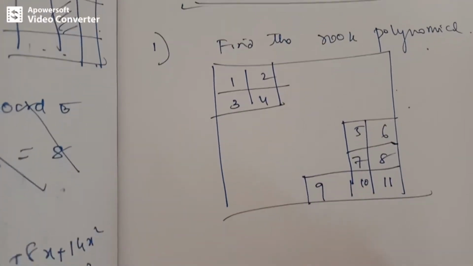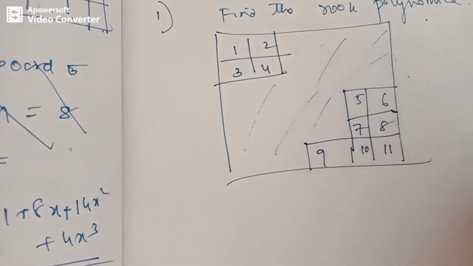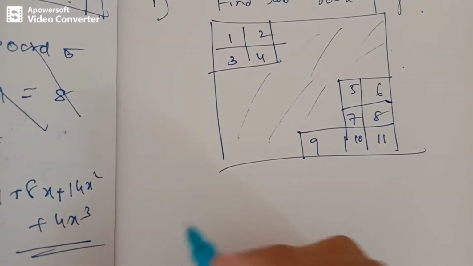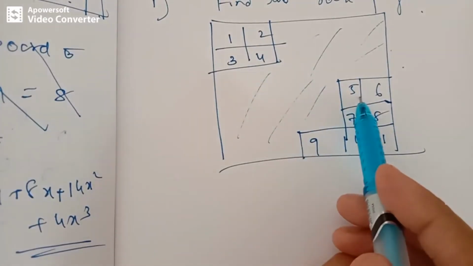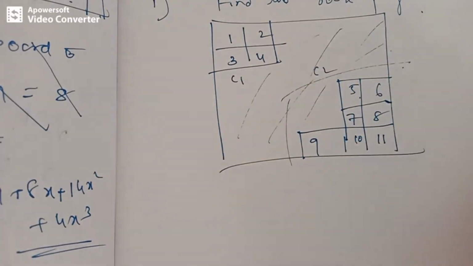So this is the board. Rest all, you do not have any values. Now here we are going to apply the product formula because the two boards are disjoint. Two disjoint subboards: one is C1, and if we consider this one, this is C2.